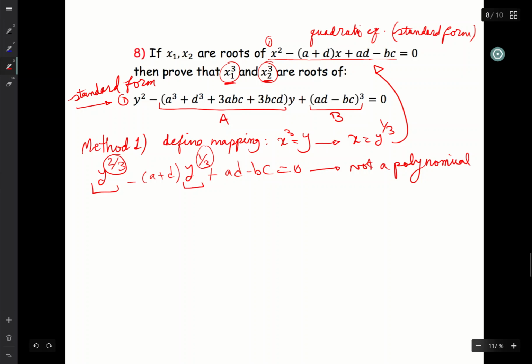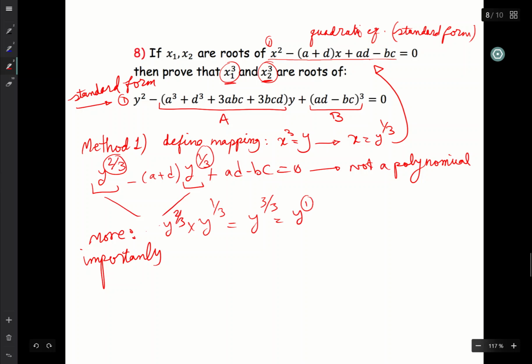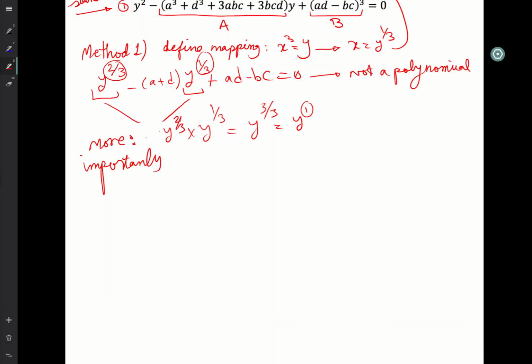Similarly here, if we take y to the 1/3 and raise it to the third power, we get y. More importantly, we know that if we multiply these two terms, y to the 2/3 times y to the 1/3 is y to the 3 over 3, which is y. It's also a polynomial. So let's do this.